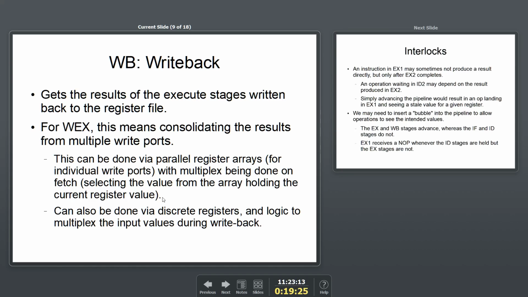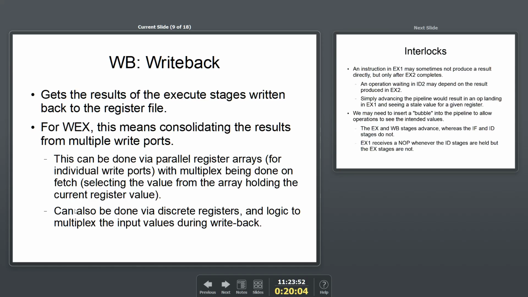From what I can tell, if I were going wider than 2 or 3, I'd probably need to resort to using discrete registers with multiplex logic on each write port, but in this case that strategy is more expensive, though for a three write port register file, that is relatively close to break even.